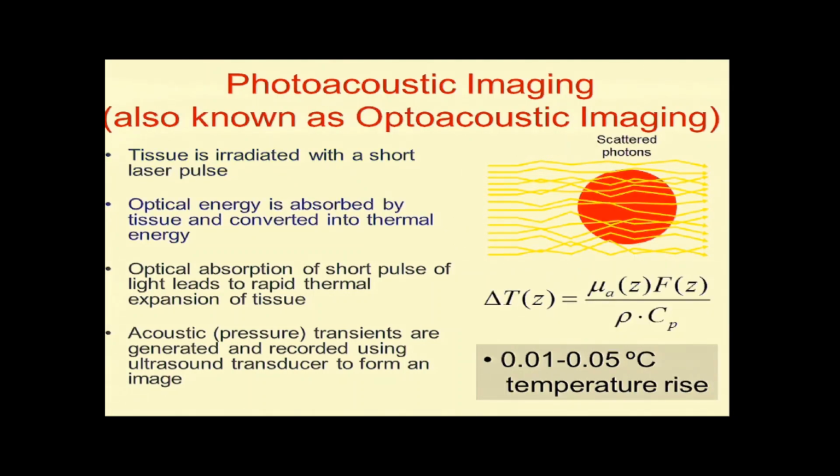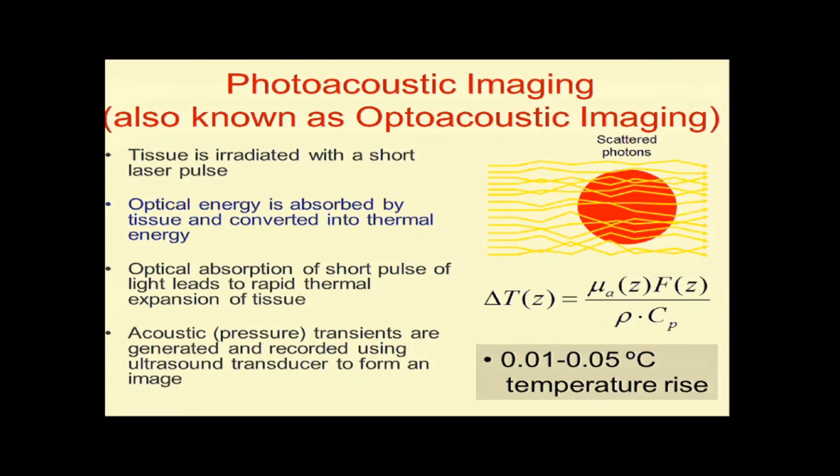Step number two, again, remember the analogy with lightning and thunder. Once the photons reach the optical absorber, by definition, it's an absorber, it will convert the energy from electromagnetic to thermal, right? Which means a very small deposition of temperature will take place.